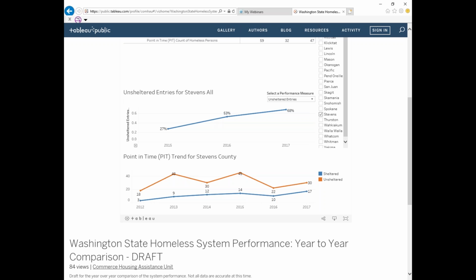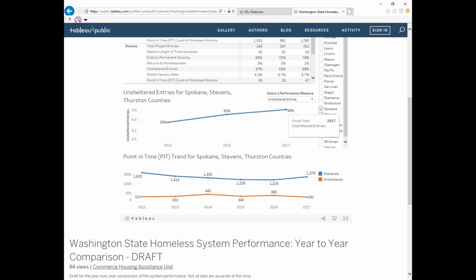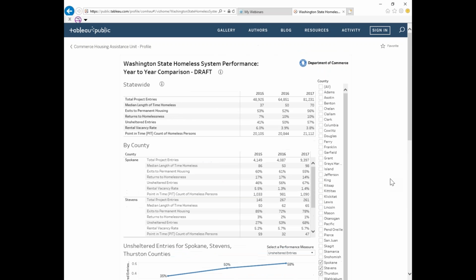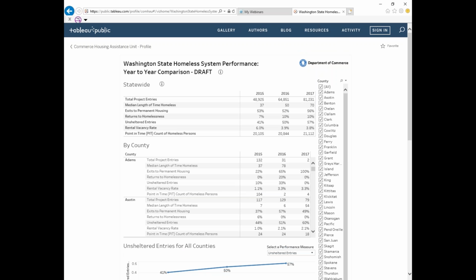So it filters all of these to the county that you selected. And you can also select several counties if you want to look at a group or a service region together. And also on this report, you can download it by using this button right here. So that's where you'll find your comparison data to look at.